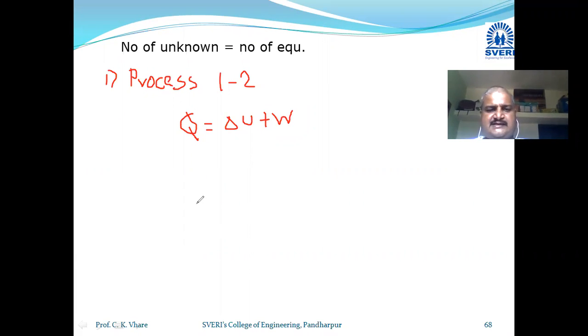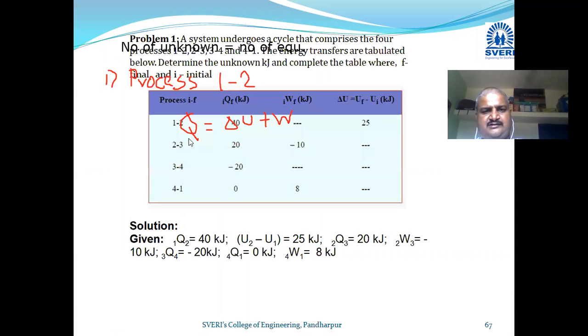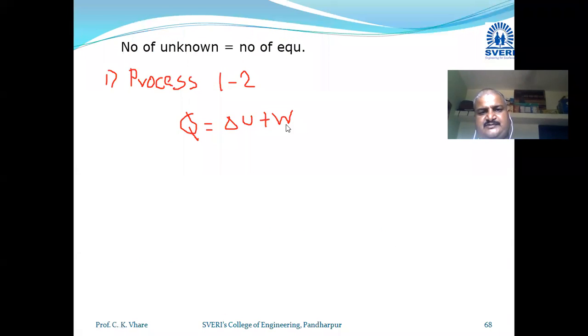Now if you go to the previous table and check process 1 to 2, you will come to know that in 1 to 2, work is missing. Work is the unknown term. Only one unknown term is there.